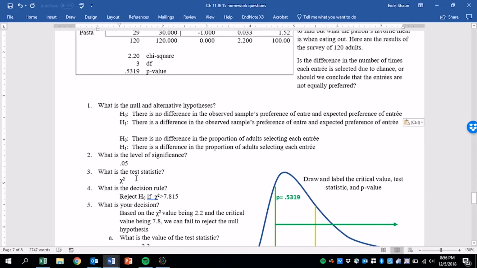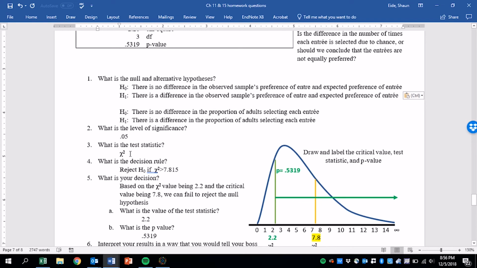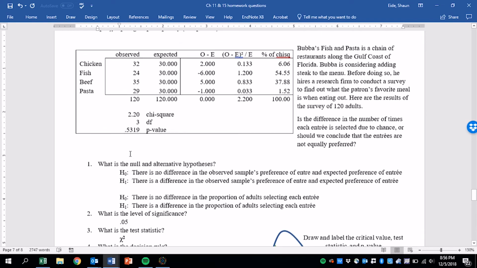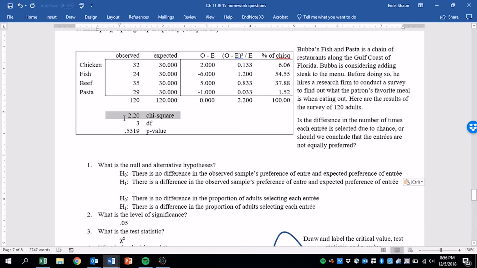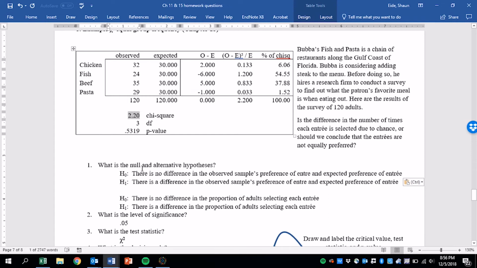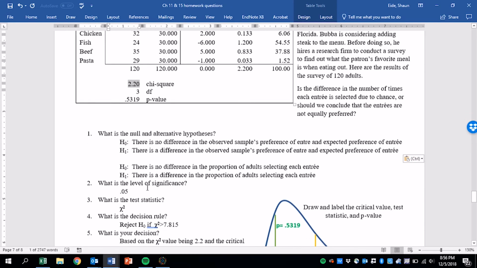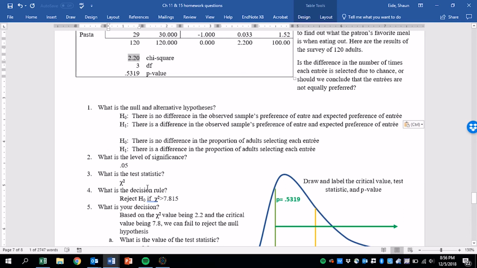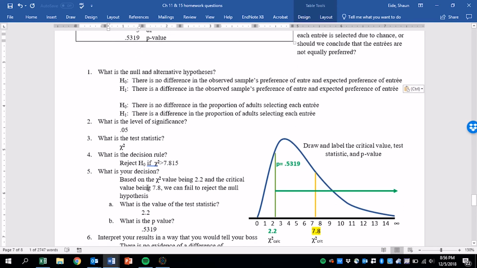The reason why I put 0.05 is because I'm okay with a 0.05 or 5% chance of type 1 error. So what is the test statistic? The test statistic is chi-squared, and you notice the test statistic value is right here. That's chi-squared calculated.